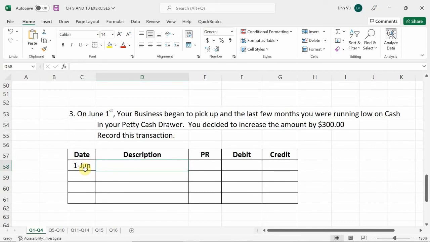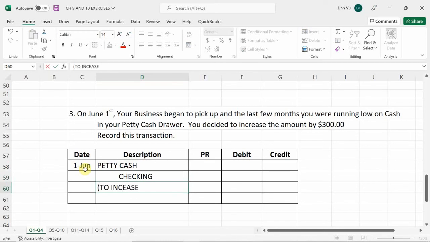We debit petty cash 300. Credit checking 300. And make a note that you've increased the petty cash fund to 800 or whatever.